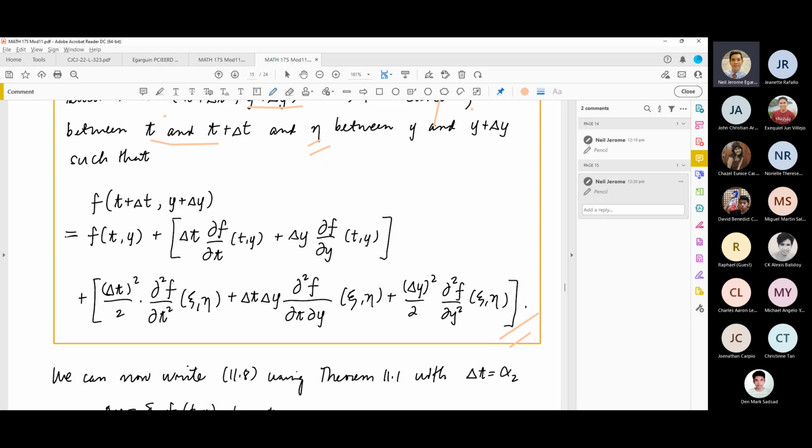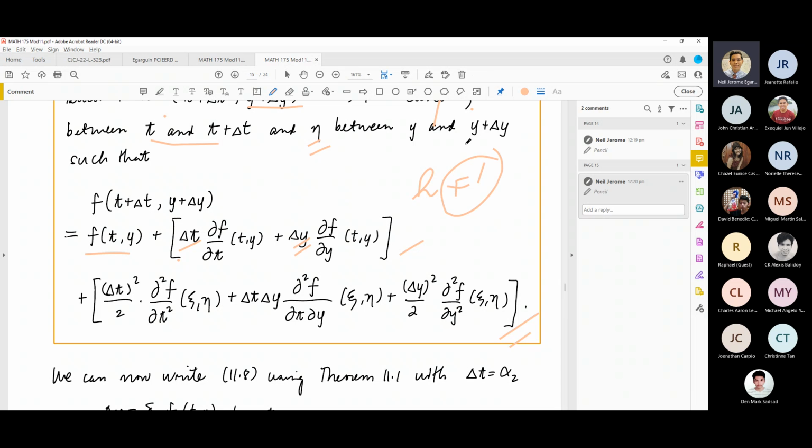So sa one-dimensional Taylor's theorem, meron tayo rito function value. Dapat yung pangalawang term doon ay h times derivative of f, right? Pero two variables tayo. So ibig sabihin, meron kang h o step size para dun sa variable t, tapos meron kang step size para sa variable y.